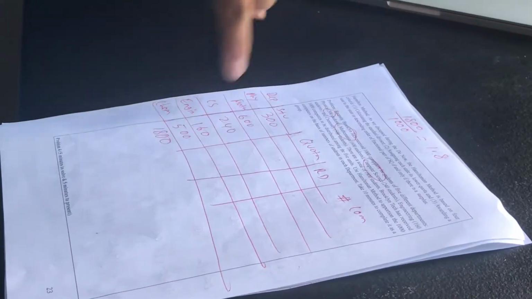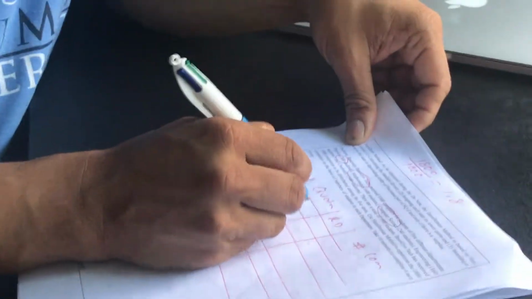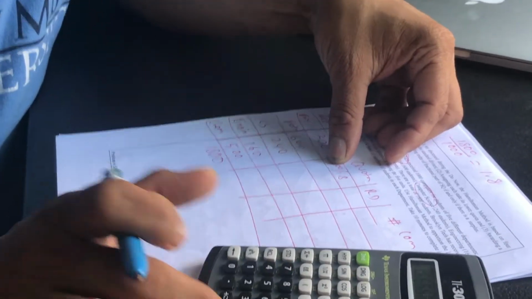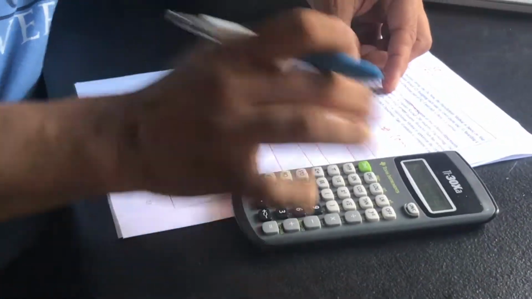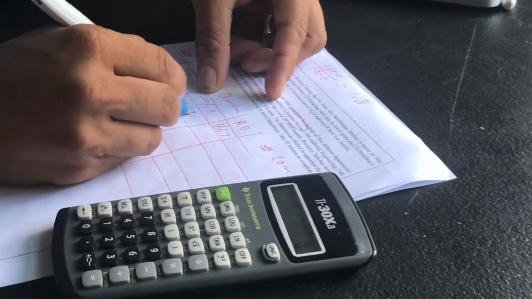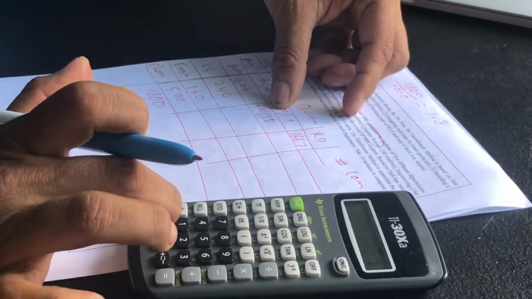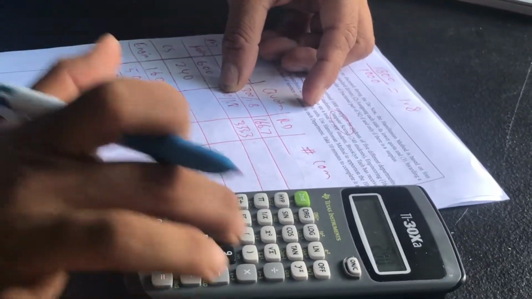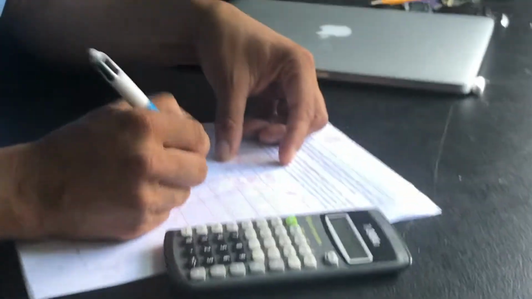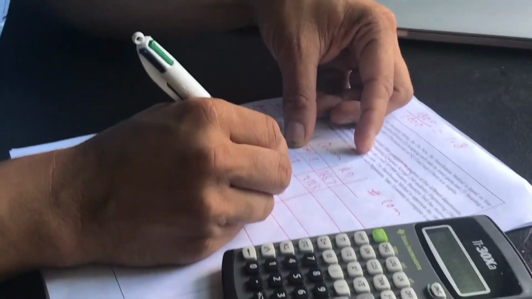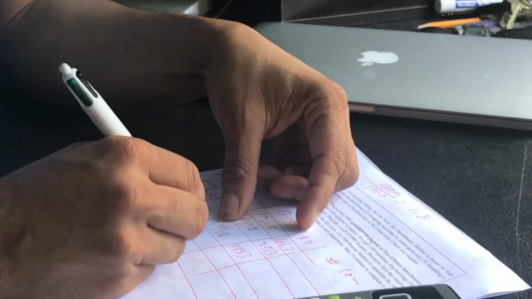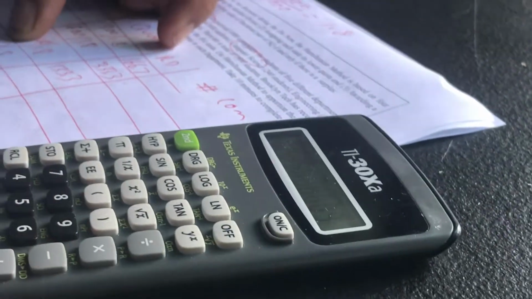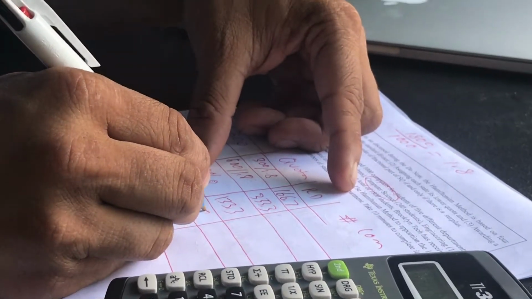We're gonna use the standard divisor to find the standard quota. So 300 divided by 1.8 gives us 166.7. 600 divided by 1.8 gives us 333.3. 240 divided by 1.8 gives us 133.3. 160 divided by 1.8 gives us 88.9.